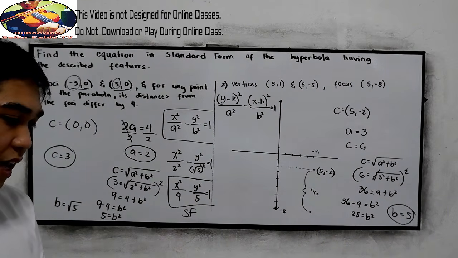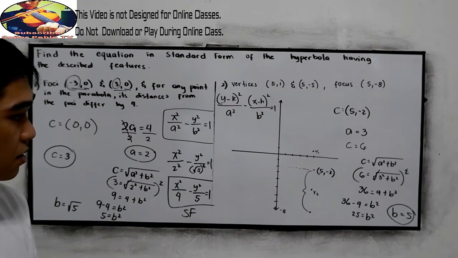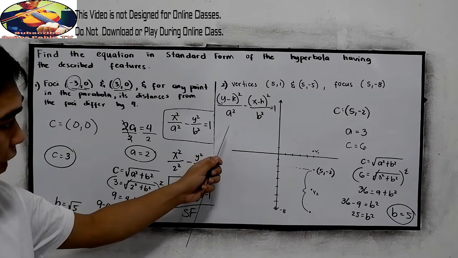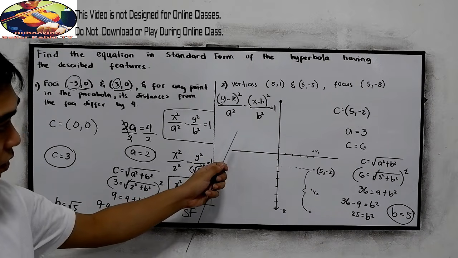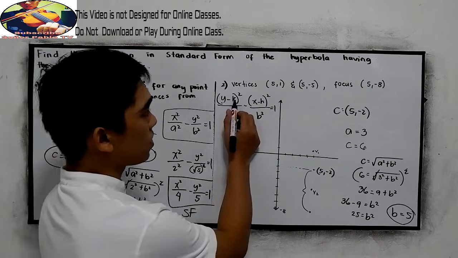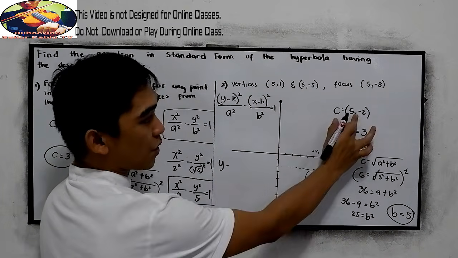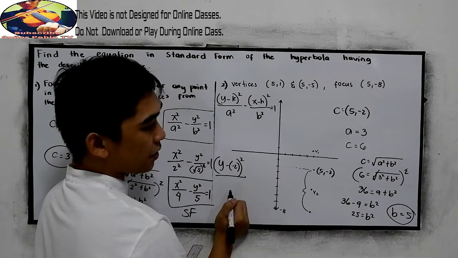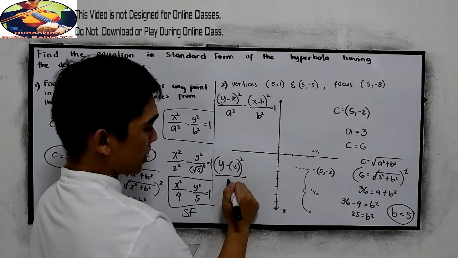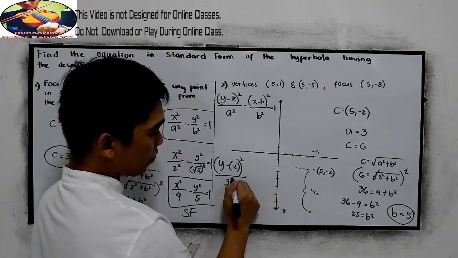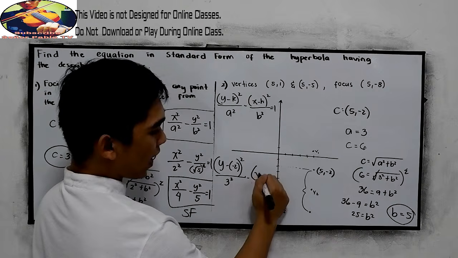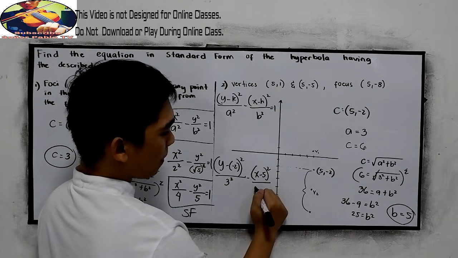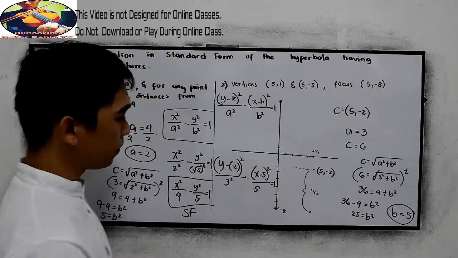Now we can write our standard form. So we have y minus our k, which is -2, squared, all over our a, which is 3, so we need to square, minus x minus 5 raised to 2 all over 5 squared is equal to 1.